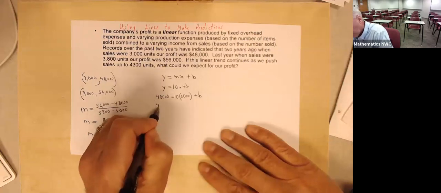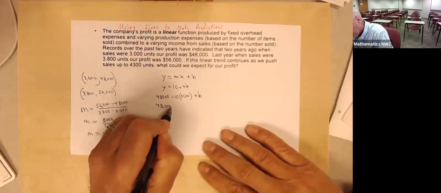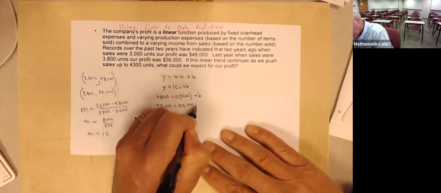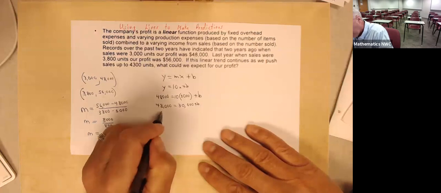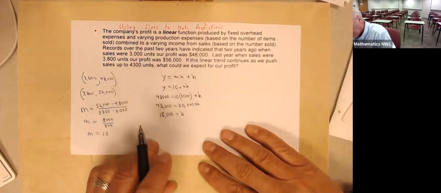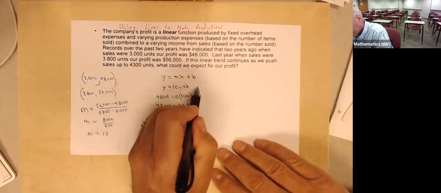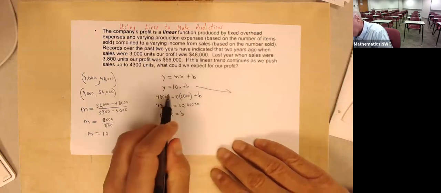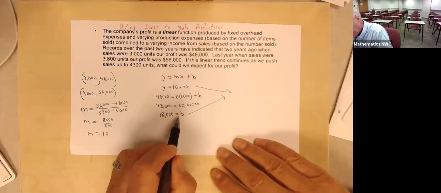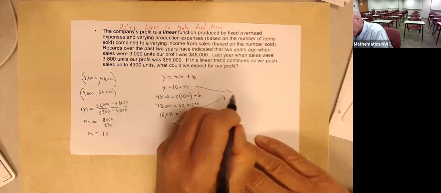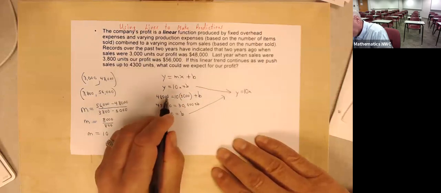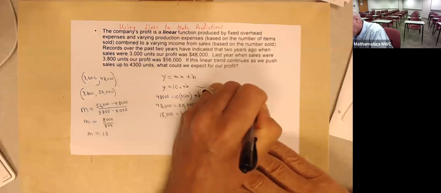That gives me 48,000 equal to 30,000 plus b. If you subtract 30,000 from both sides, you get b to be 18,000. So here's my equation. I'm going to get the 10x from that equation, and I'm going to get the b from this one. So I have y equal to 10x plus 18,000.